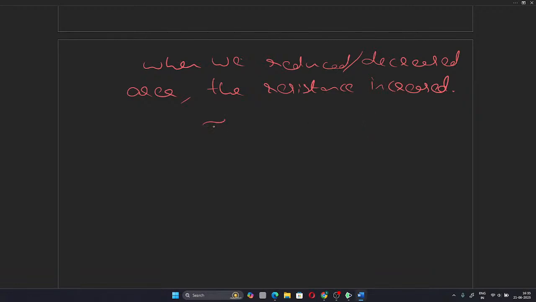So we can say that R is inversely proportional to A. When A increases, R decreases. When A decreases, R increases.